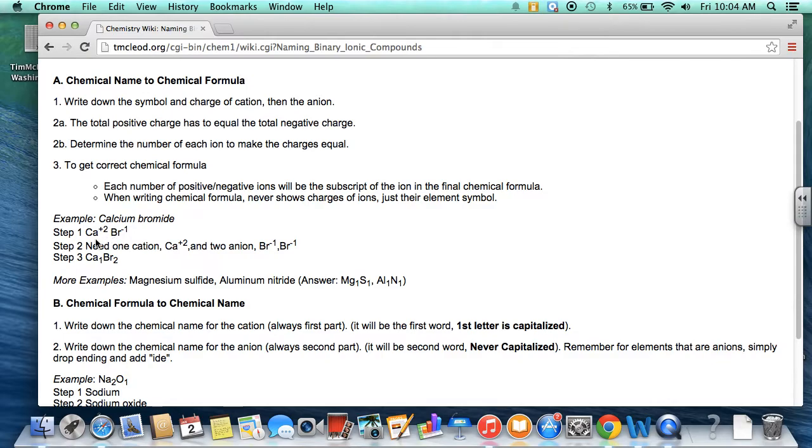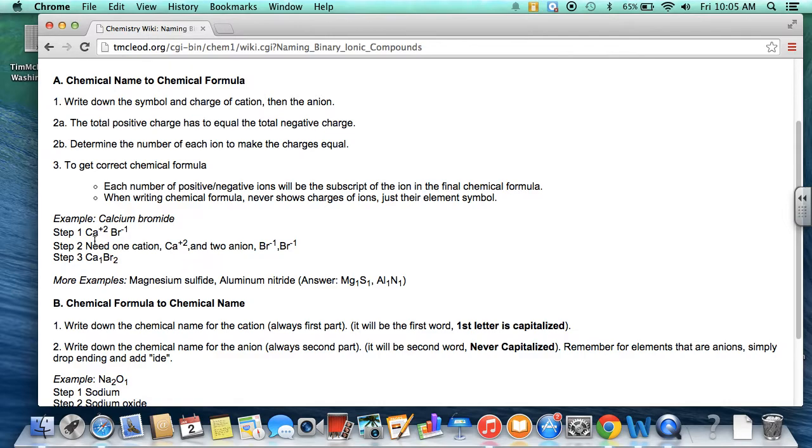So now you see that the calcium lost 2 electrons, the bromine gained 1 electron. The total number of electrons lost by the cation must equal the amount of electrons gained by the anion. So the first guess is always 1 cation, 1 anion. Well, that can't work because calcium loses 2 and bromine only needs 1.